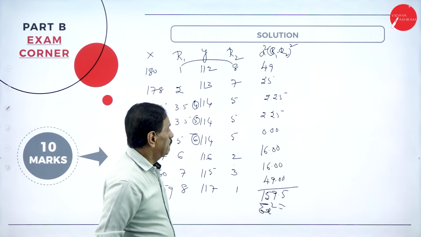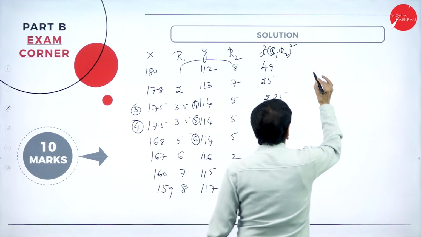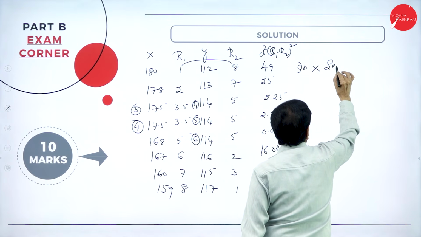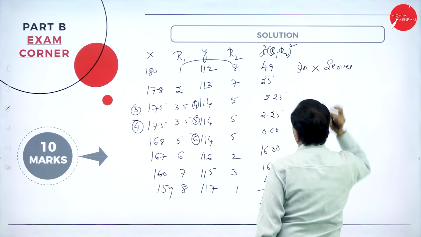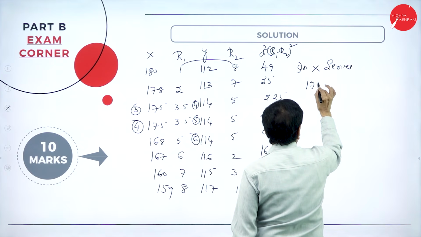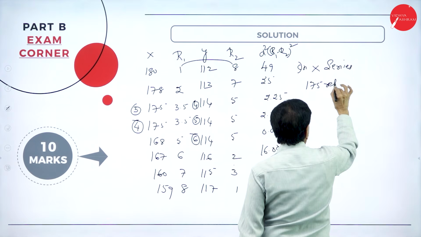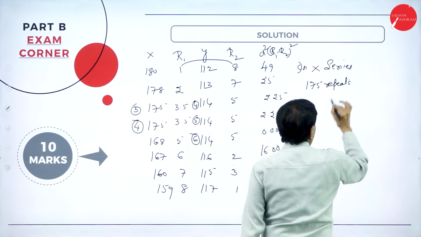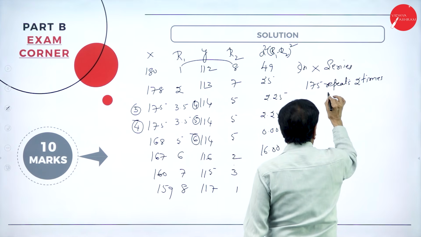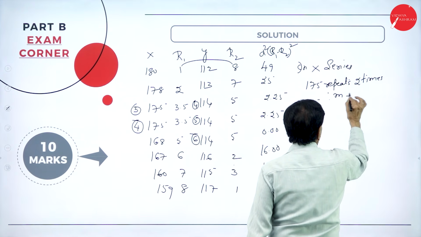You have to write now. In X series, 175 repeats 2 times. Therefore, m is equal to 2.